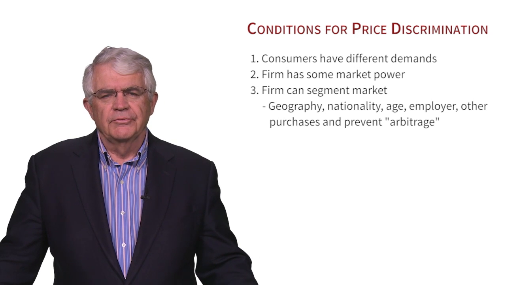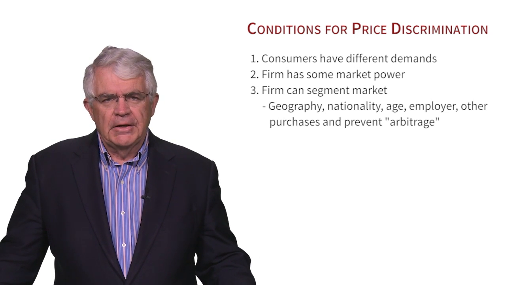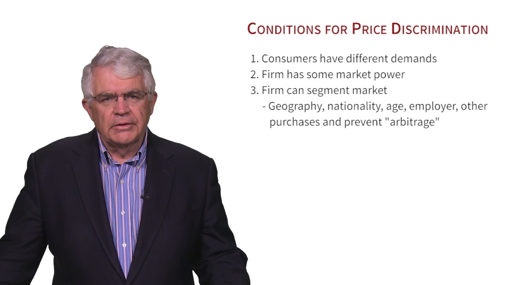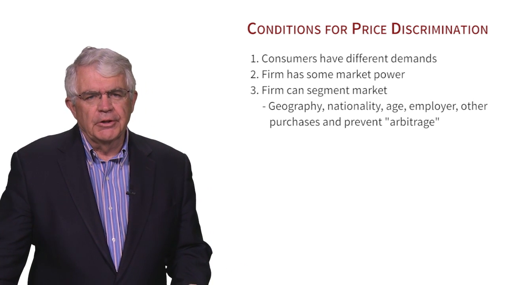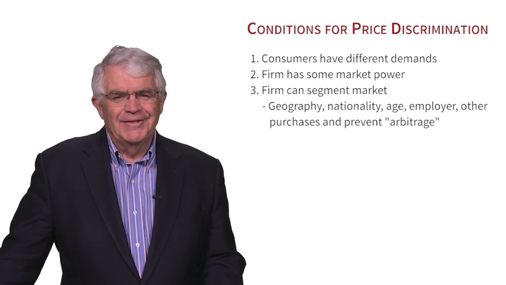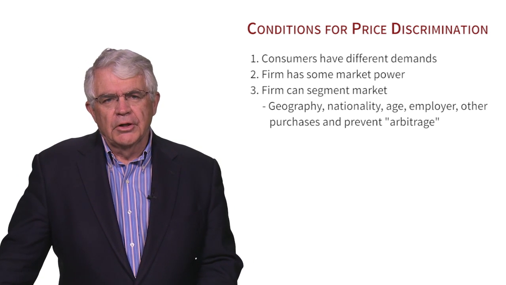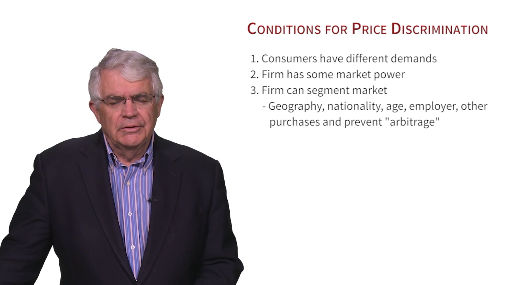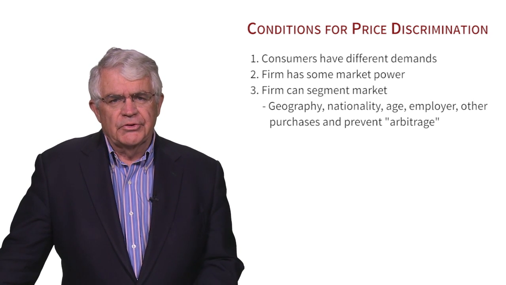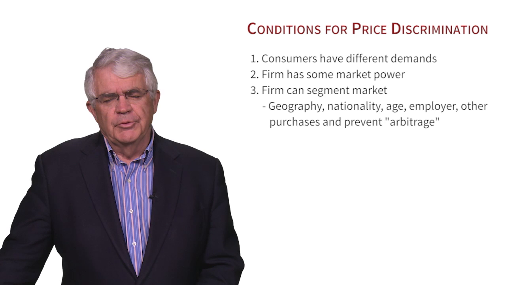All sorts of ways that firms can do this, and they do. And the last part of segmenting the market is that it really can be separated. Because if you could basically go buy your drugs in Mexico rather than Japan, then you're getting a good deal. It's much cheaper. So somehow you have to prevent the instantaneous movements.